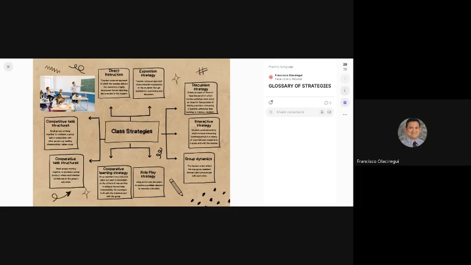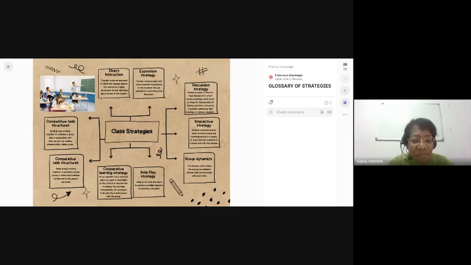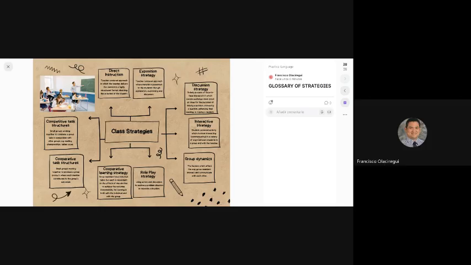So everyone will try to do better than the other, and if you have scores or some sort of prizes to give them, they will be even more competitive. So those are the 9 strategies there.